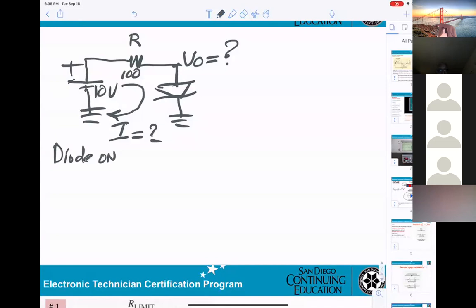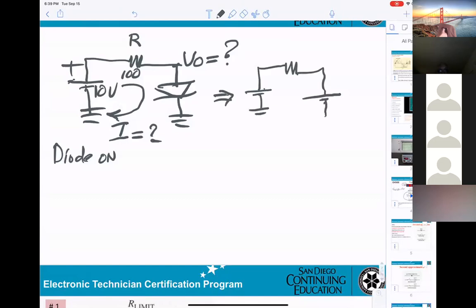Why is it on? This side is 10 volt and this is a 0 volt route, so it must be higher than 0.7. So it's on. If it's on, I have to redraw the circuit. I don't want the diode anymore. Now I substitute it by the battery.